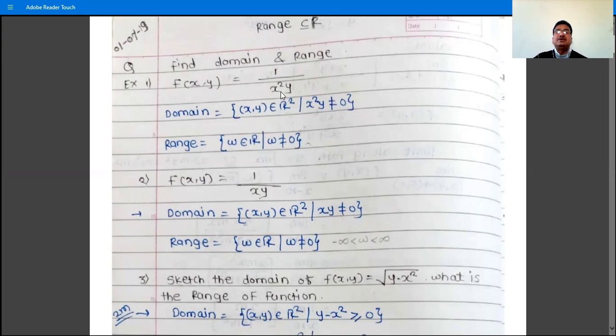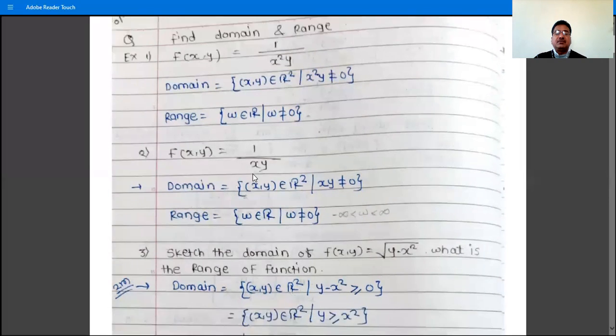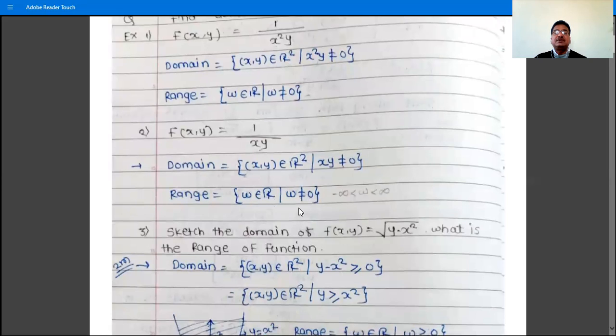So 1 by 0 is infinity. So just write that W belongs to R if W is not equal to 0. This is the range of the function. So write the range of the function for all examples as W is not equal to 0.